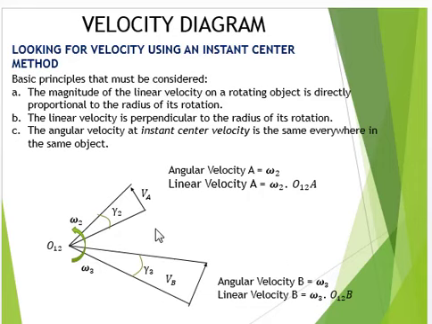You can look at the picture below. The linear velocity VA is perpendicular to the radius of rotation, like this. This is the linear velocity, this is the radius for rotation, and this is the instant center.